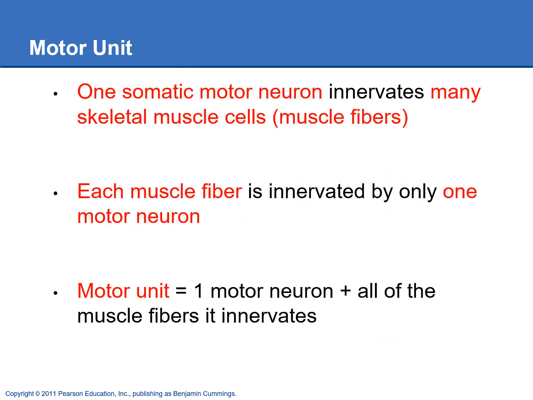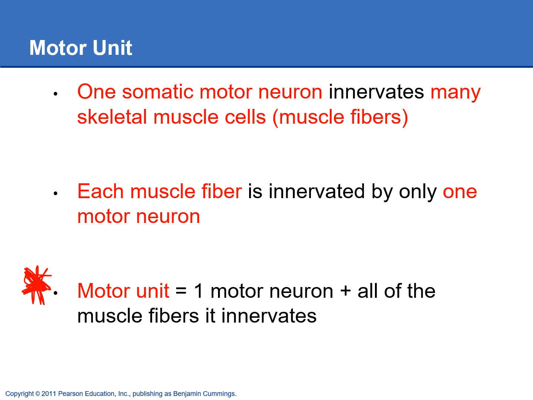Okay, another really important concept to know is what a motor unit is. So one somatic motor neuron is going to innervate many skeletal muscle cells, also called muscle fibers. And the reason these skeletal muscle cells are called that is because the skeletal muscle cells are really long and skinny, and so they look like fibers.